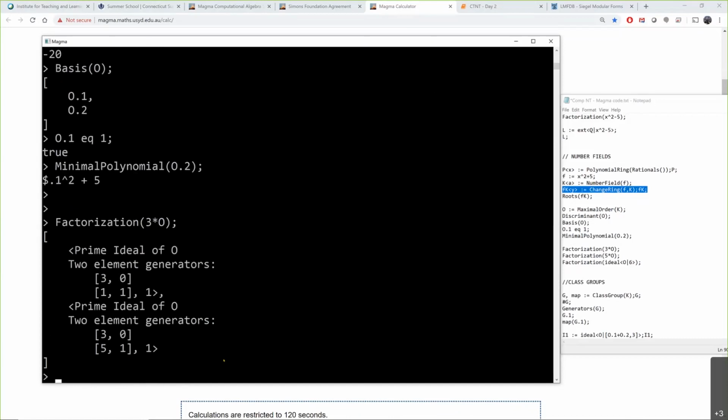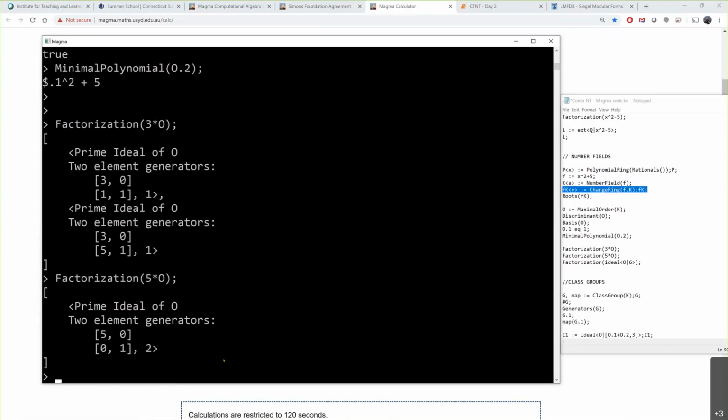And it turns out it splits into 2 primes. If I do that for 5, now it turns out that 5 splits into 1 prime to a square power. That means it's what we call a ramified prime. This 2 is the multiplicity of that prime. Here for 3, there were 2 primes, each with multiplicity 1; for the prime above 5, the multiplicity is 2.